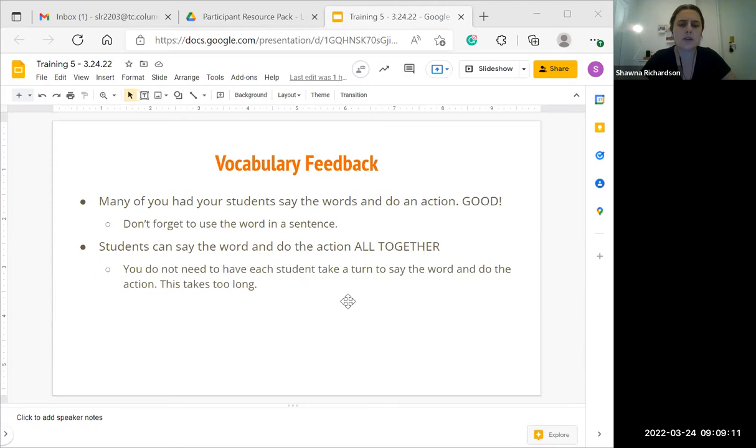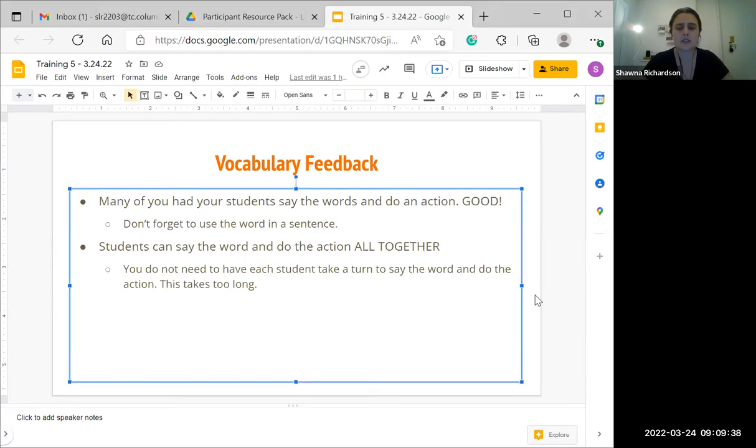Also, make sure the students say the word and do the action all together. We don't want to take too much time for each student to take a turn. It's faster if the students all say it together and do the action at the same time.